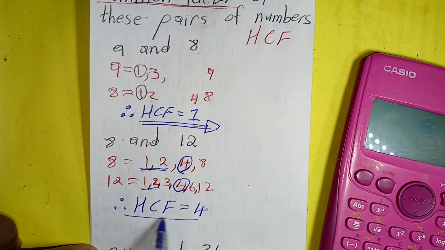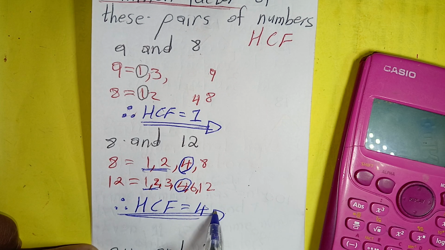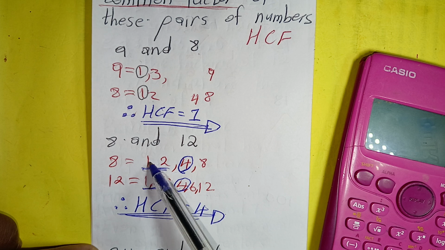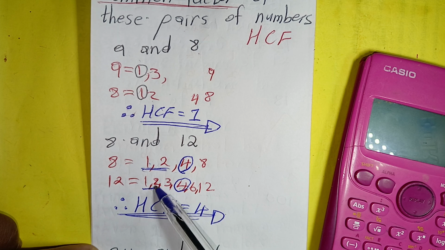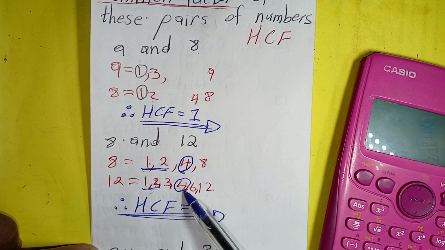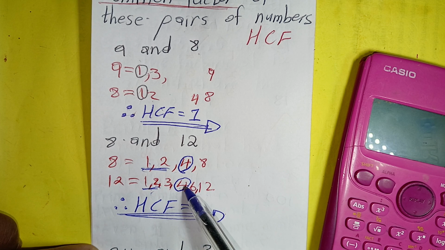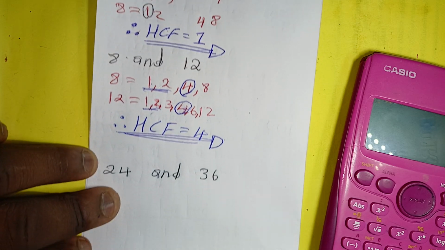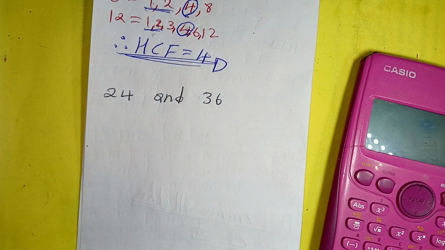Even though 1 is here and 2 is here, these are just common factors, but 4 is the highest. Do you see? So that's how simple and straightforward it is.